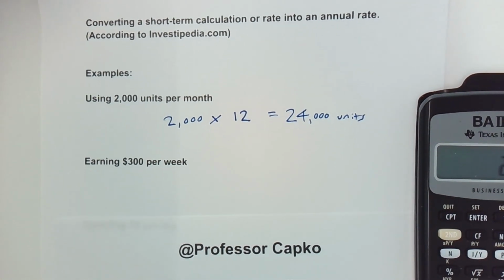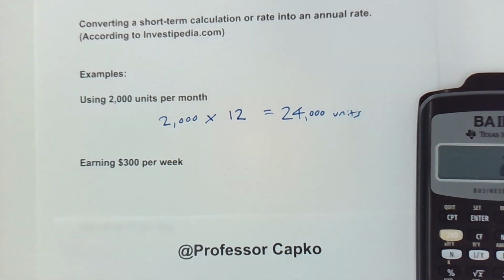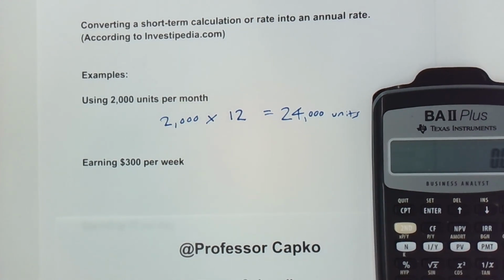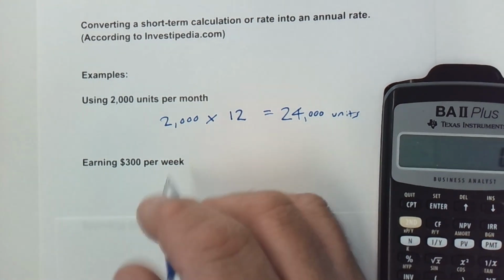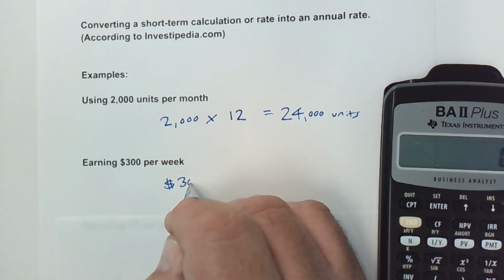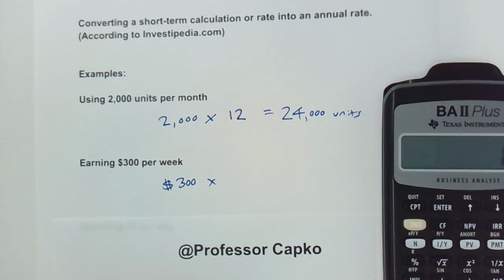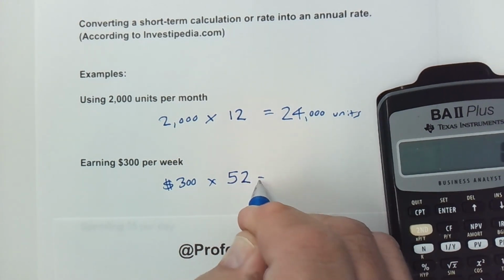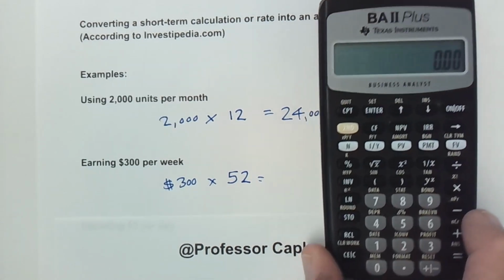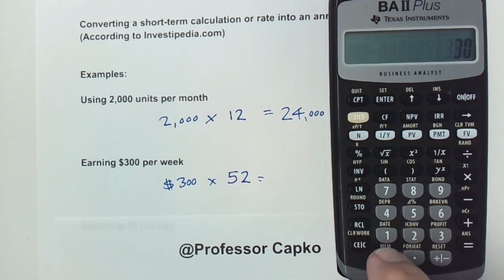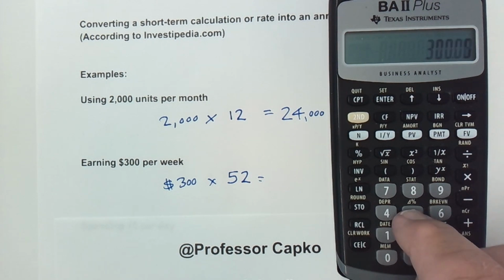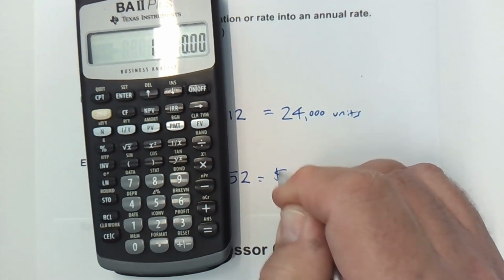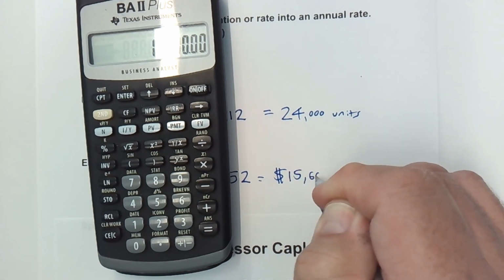Let's look at another example. Let's say some process is earning $300 per week, and we want to annualize that. Well, we'll start with the $300 per week, and we're going to multiply it by the number of weeks in a year, which of course is 52. Go ahead and put it into the calculator. We have $300, and we're going to multiply it by 52 weeks, and that is $15,600.